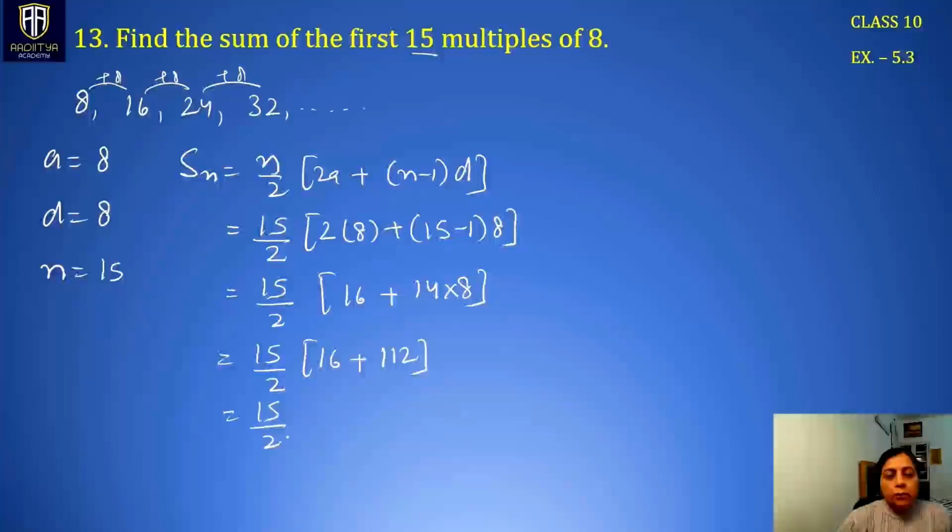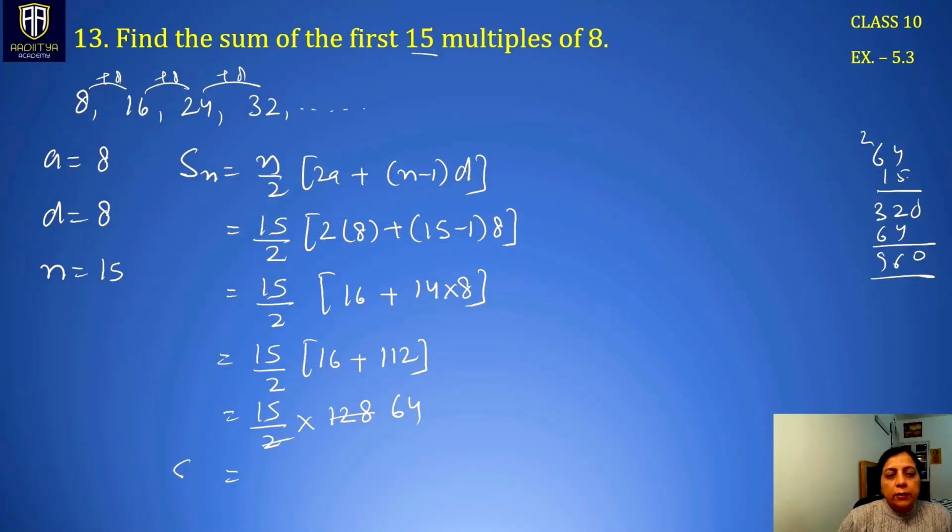So 15 divided by 2 multiplied by 128, which is 64 multiplied by 15. This is 960. So S15 is 960.